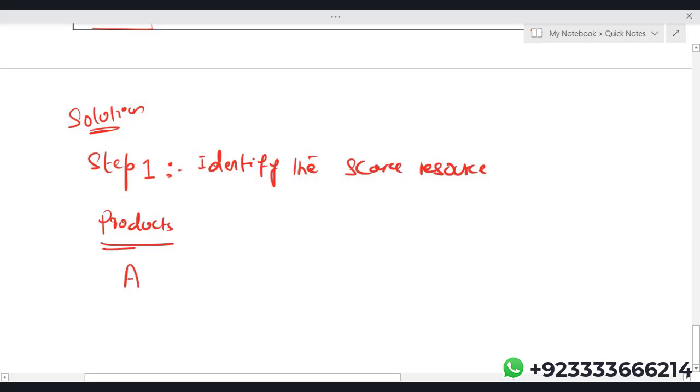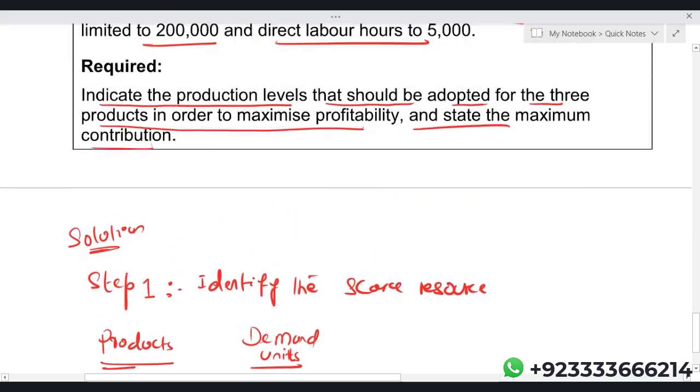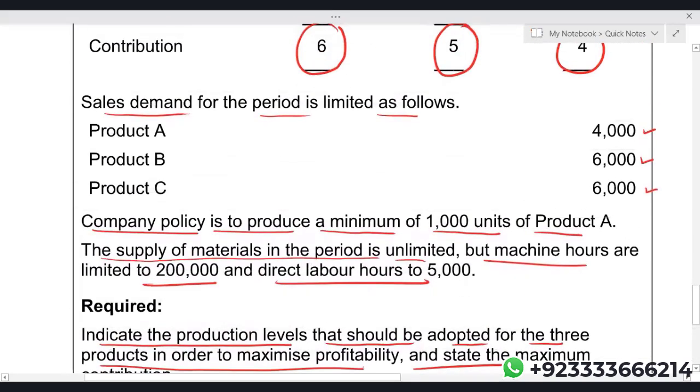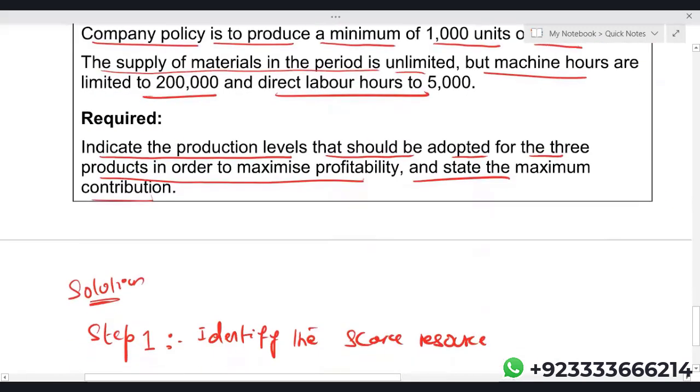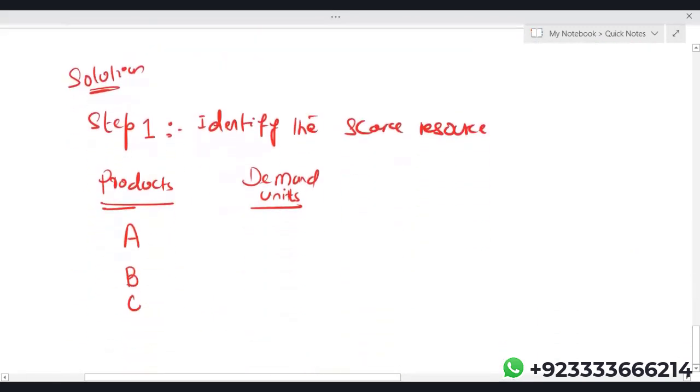We have 3 products, A, B, and C. Demand in units: 4,000, 6,000, and 6,000.